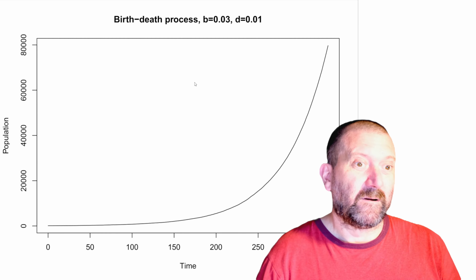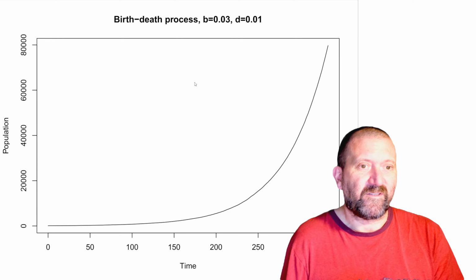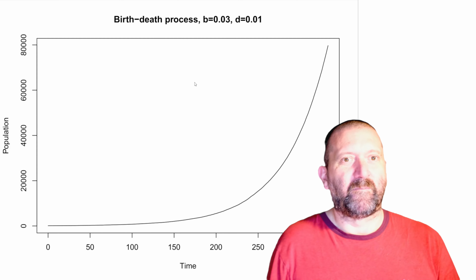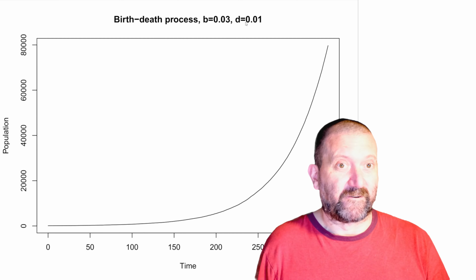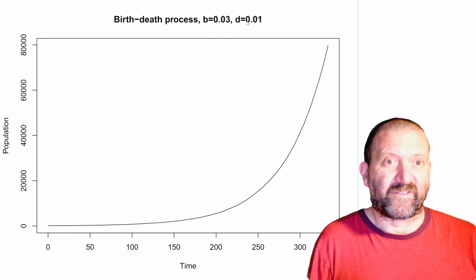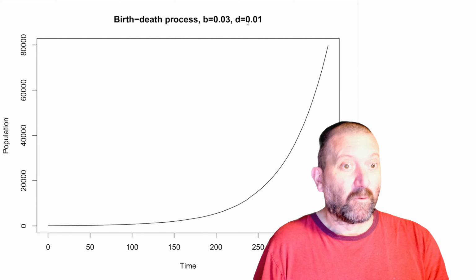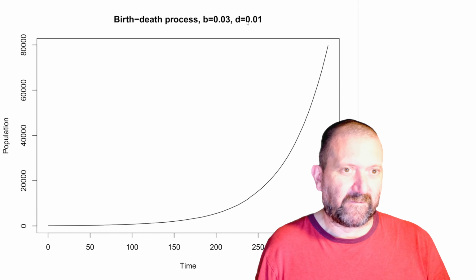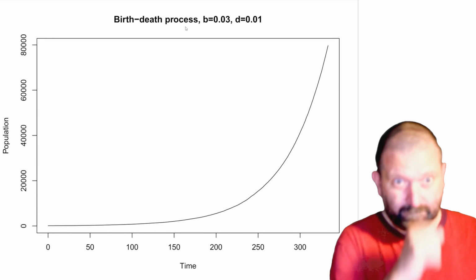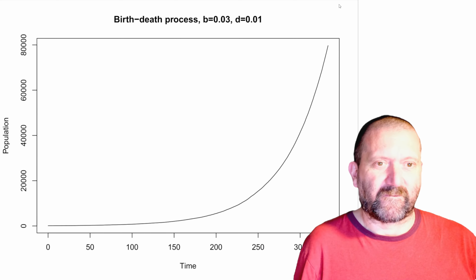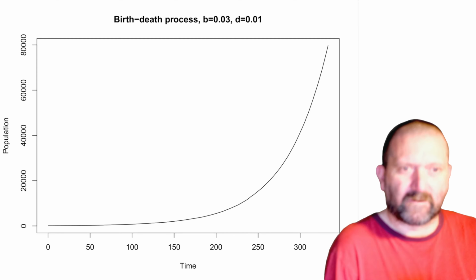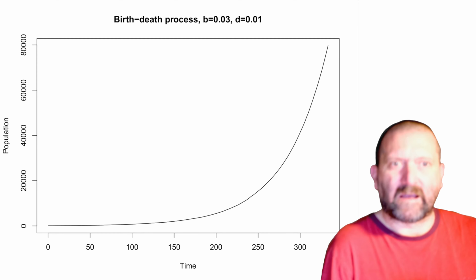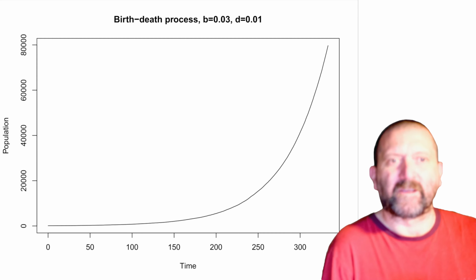Now the problem with the Markov chain happens when, in this case, birth is larger than death. Okay, in that case, I know the ODE will go to infinity. The population there goes to infinity, and the same is true for the continuous time Markov chain. And you can see that here, I have stopped at about 300.